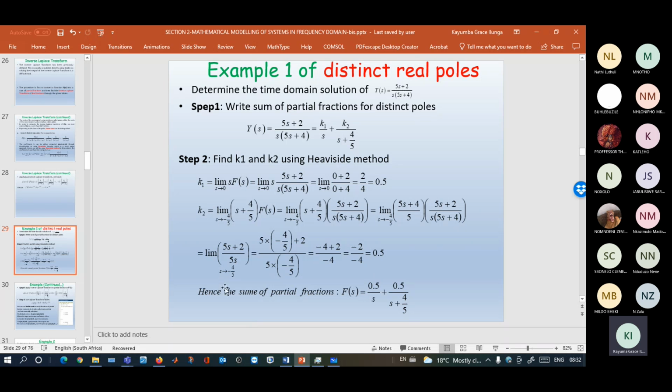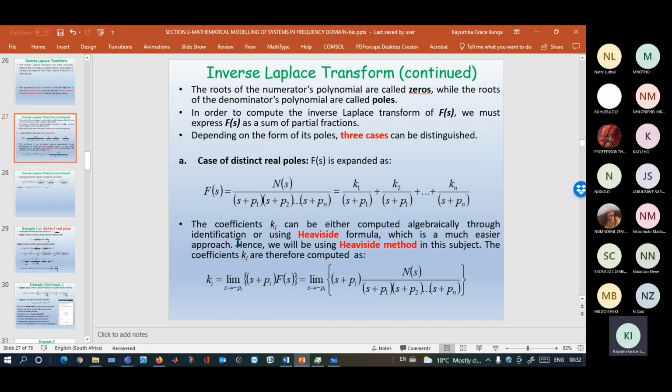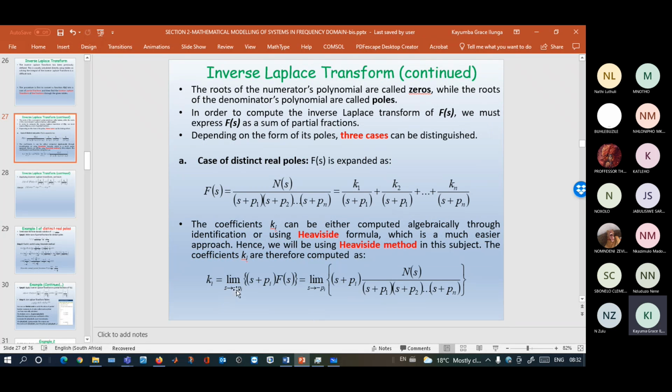It's the limit of s approaching the first pole, and you multiply by the factor under this value of k, and then this factor must be multiplied by the function. So let's now try to solve it.